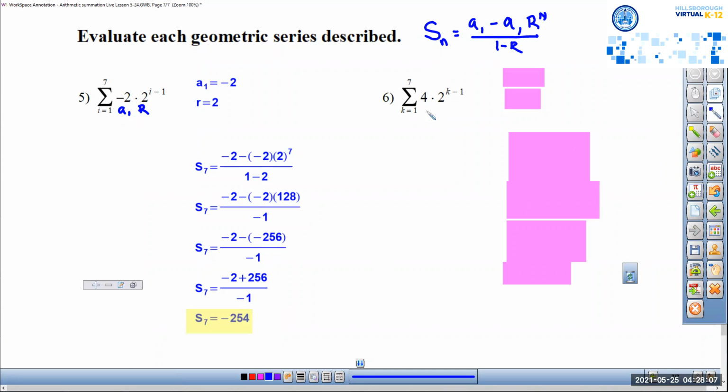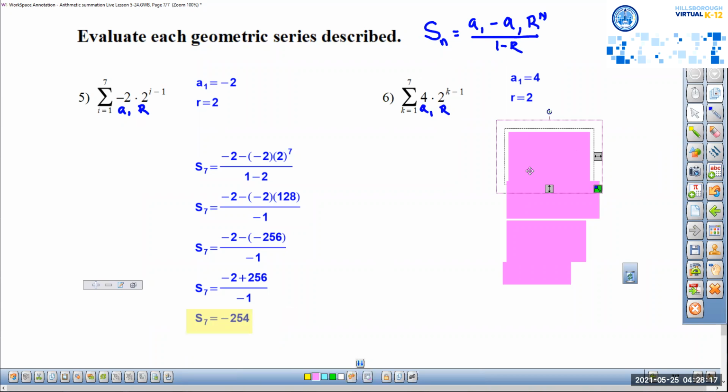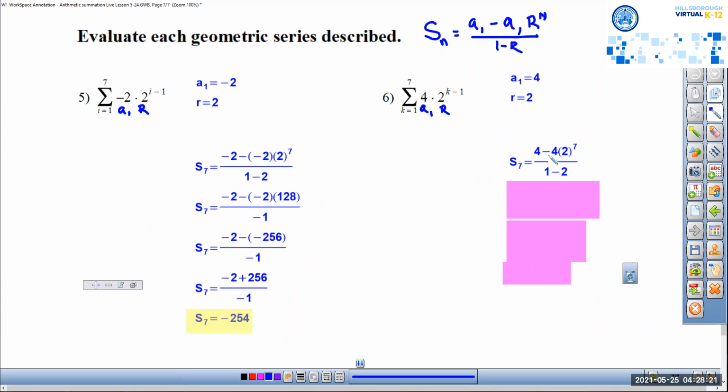Okay, so up here, our a sub 1 is 4, and our r is 2. So in the formula, you're finding the sum of 7 terms. A sub 1 is 4 minus a sub 1 is 4. Your ratio is 2 to the 7th. And the denominator, 1 minus r, so 1 minus 2. 2 to the 7th.